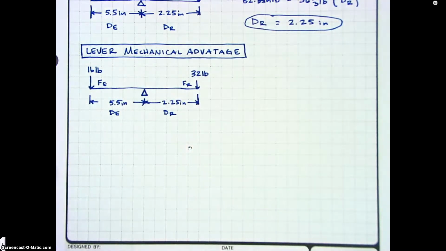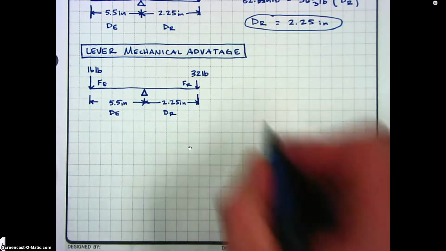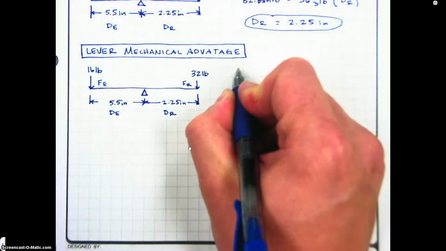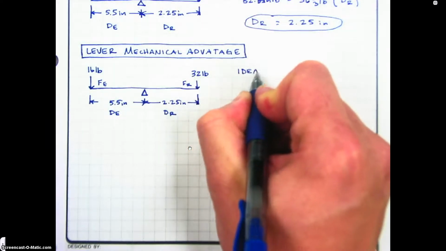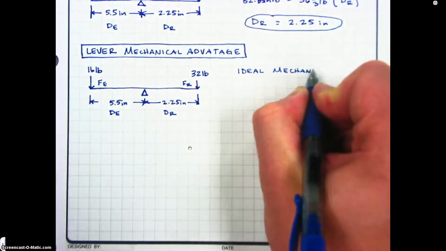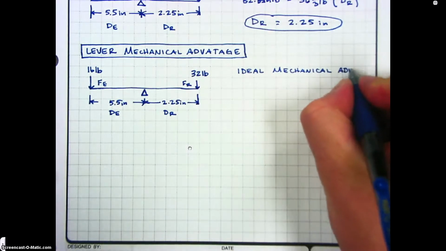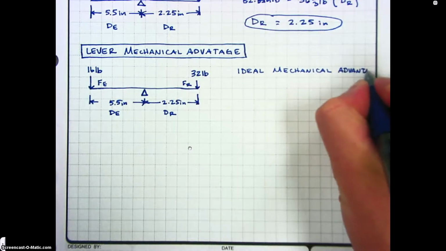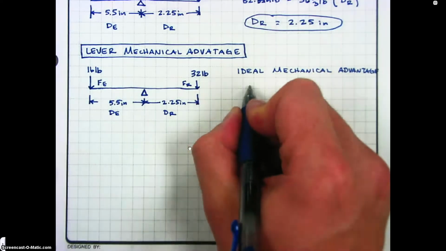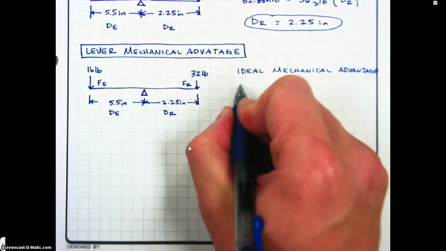All right, and so one thing that we have to remember is that there are two types of mechanical advantage. The first one, ideal mechanical advantage, deals with distances, because ideally this is how the system would work.